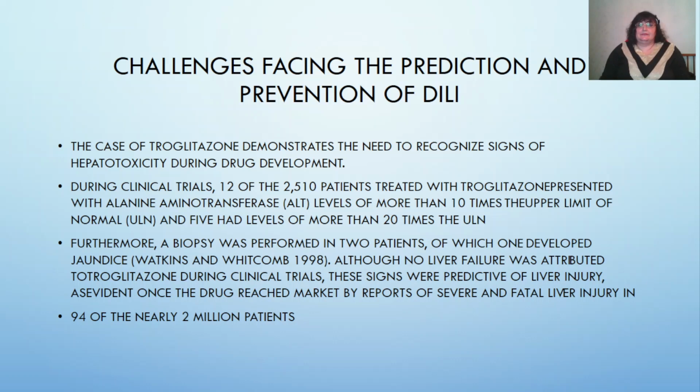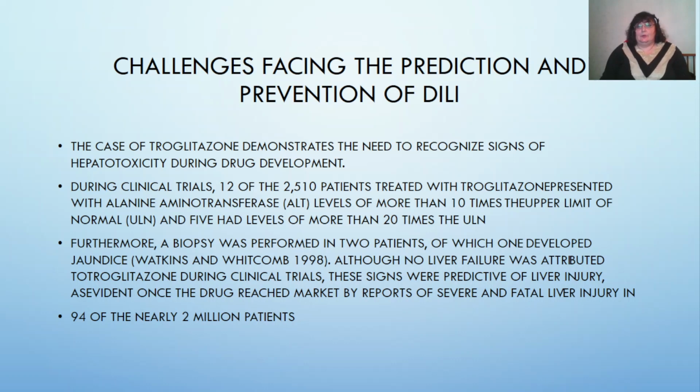During clinical trials, 12 of the 2,510 patients treated with troglitazone presented with alanine aminotransferase, ALT, level of more than 10 times the upper limit of normal, and 5 had levels of more than 20 times normal. Furthermore, a biopsy was performed in 2 patients, of which one developed jaundice, Watkins and Whitcomb, 1998. Also, no liver failure was attributed to troglitazone during clinical trials.